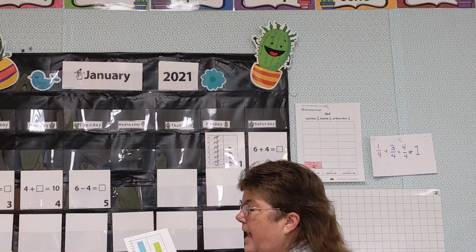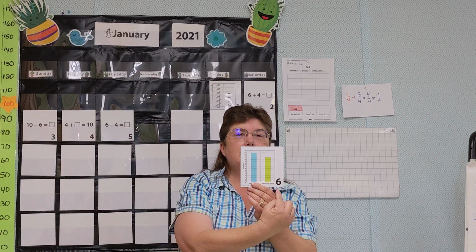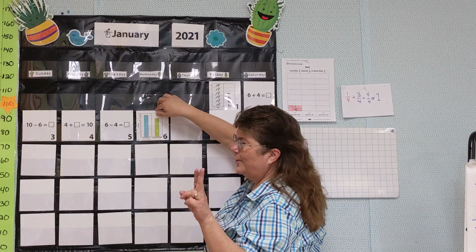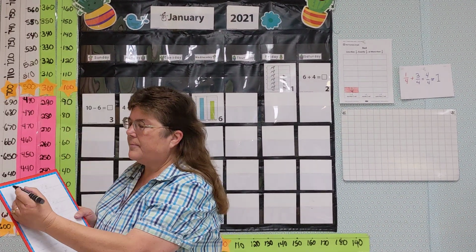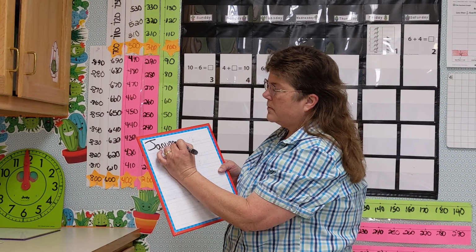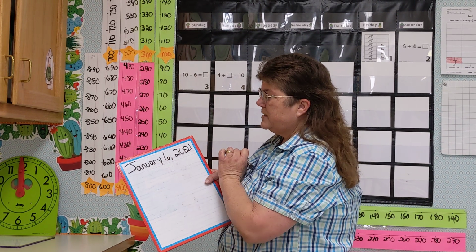Okay, so today is Wednesday, January 6th, 2021. Ooh, I did it 2 times so far. Okay, let's write our date. January 6th, 2021.